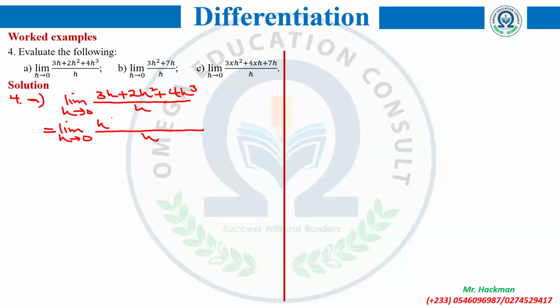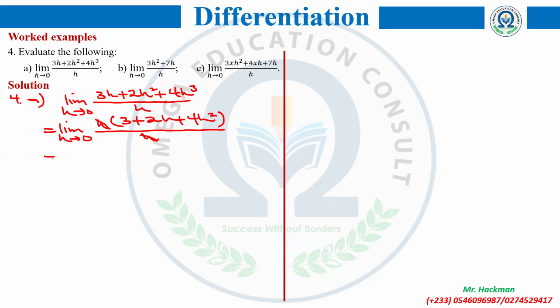So if I bring out h, this is now my first factor. My second factor will be 3 plus 2h plus 4h squared. Do you agree? Okay, so now we all agree that this h will cancel this h.